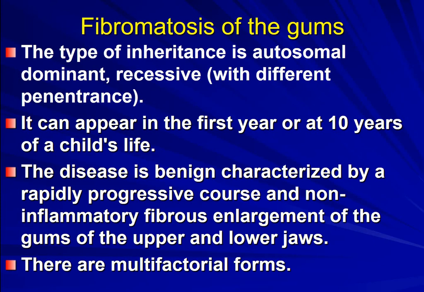Fibromatosis of the gums. The type of inheritance is autosomal dominant or recessive with different penetrance. It can appear in the first year or at 10 years of a child's life.